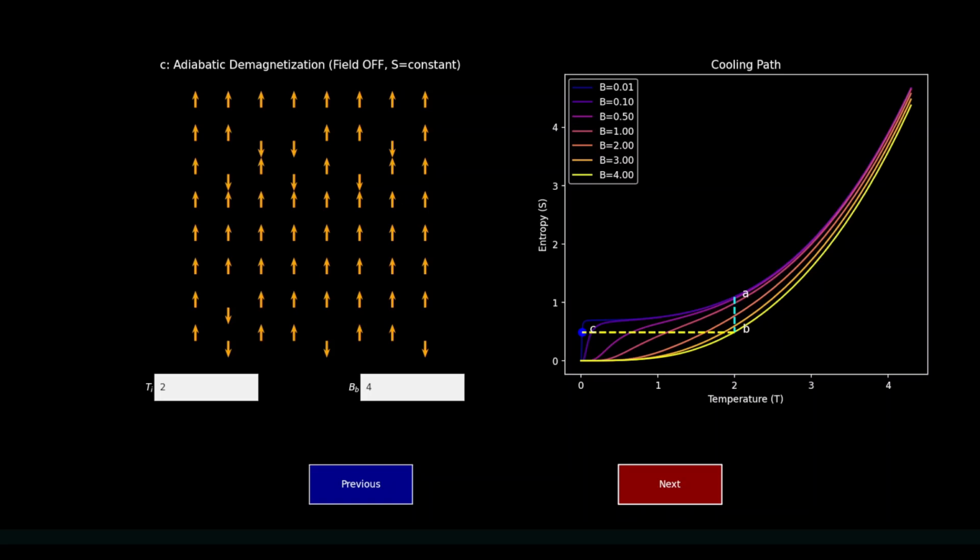However, in real systems, there is always some small residual internal field, which ensures that the entropy falls prematurely towards zero when the temperature is a little above absolute zero. Thus, the size of this residual field puts a limit on the lowest temperature to which the salt can be cooled. In certain salts, which have very small residual internal fields, a temperature of a few millikelvin can be achieved.